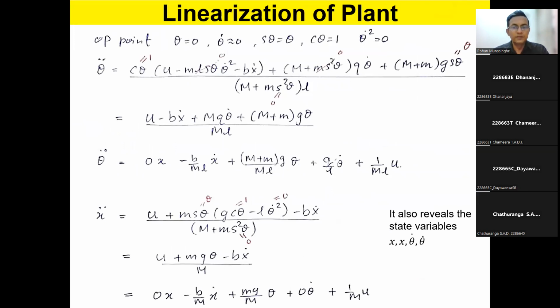Now the problem is how to deal with nonlinear plants. Again, we don't directly deal with nonlinear plants, but what we do is we convert the problem to our convenience, so that we can apply what we know.